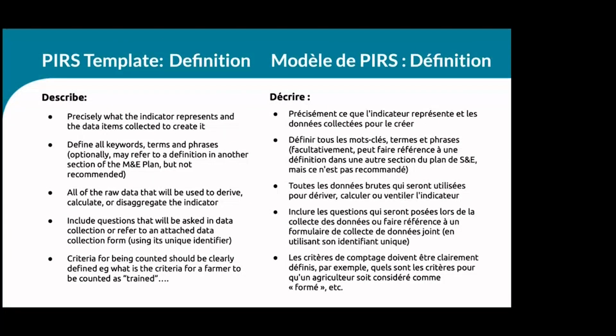In the definition section of the PIRs template, this will be where you define all the keywords, terms, and phrases that are relevant to that indicator, define all of the raw data that will be used to collect or calculate the indicator results, and then include any specific questions that may be asked in a data collection module or tool, as well as define the criteria for what needs to be counted.